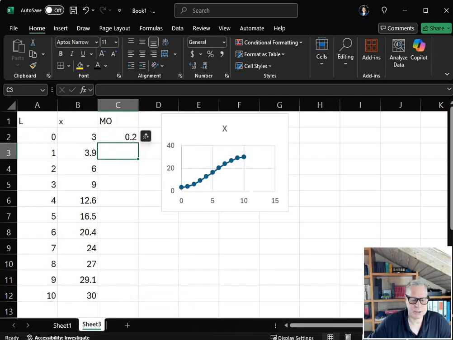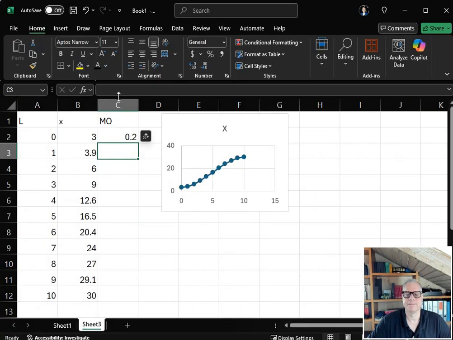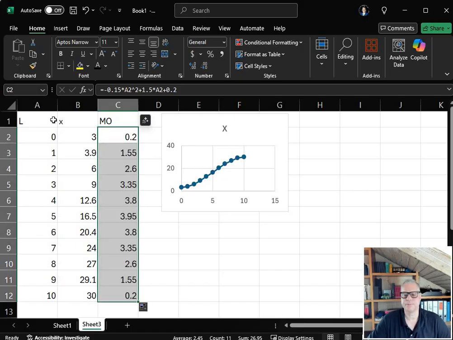Okay, let's double check again. Yeah, that's correct. Negative 0.15 L squared plus 1.5 L plus 0.2. And by clicking again in that little square, we can copy it down.